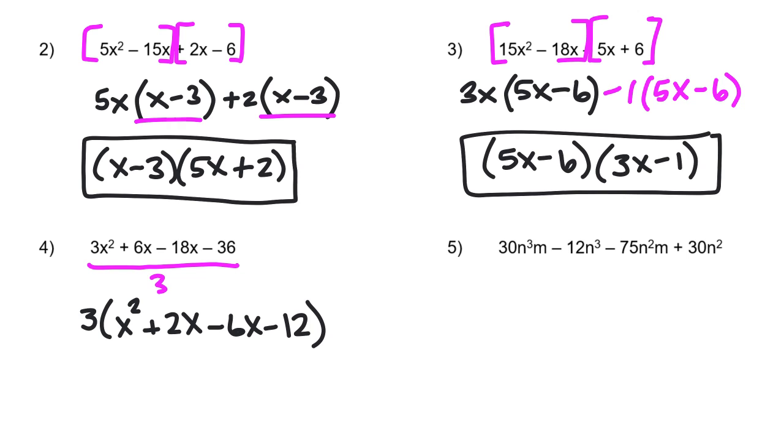And now we are going to factor by grouping. So the first 2 terms have a common factor of x. Group the second 2 terms. They both have a common factor of 6, and I'm going to factor out a negative 6 because we want it to end up as a positive x plus 2 inside the parentheses.